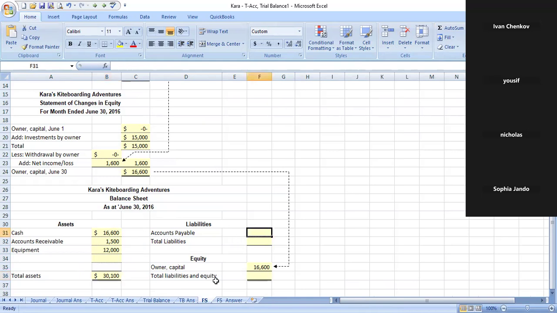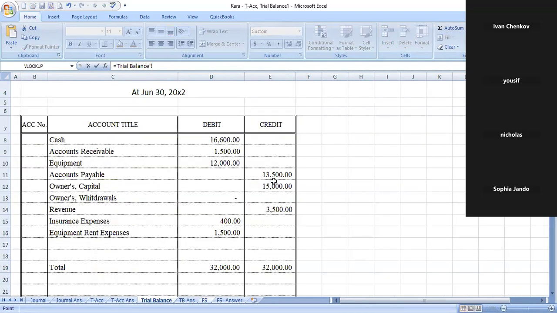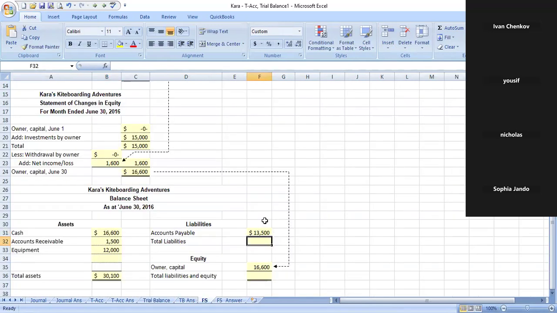Next thing, do I have liabilities? Yes, I do. How much do I have? I have accounts payable of $13,500. And that's my total liability. I don't have any other liability. So how much is my total liability plus, sorry, that will be liability plus equity.